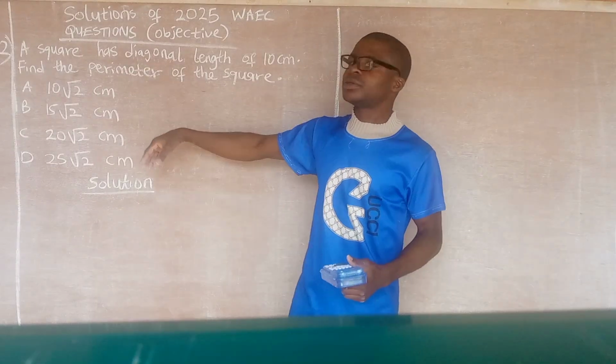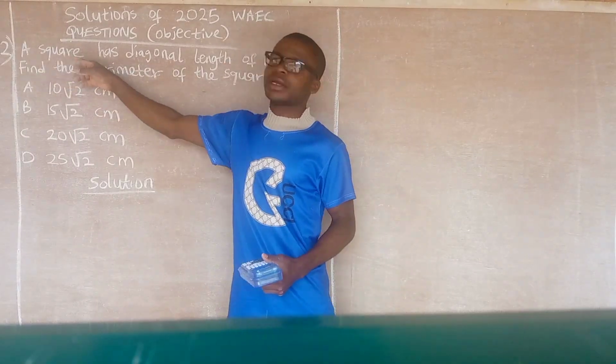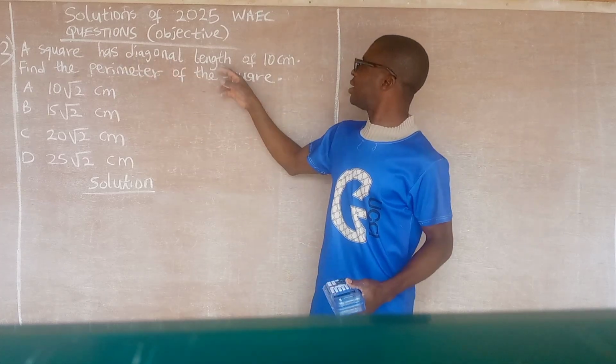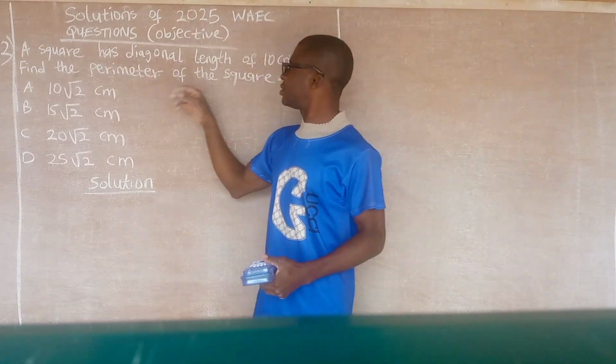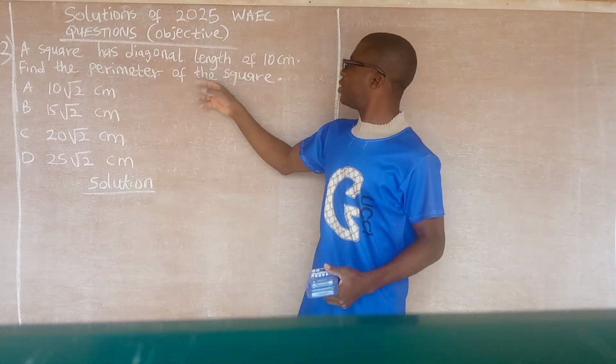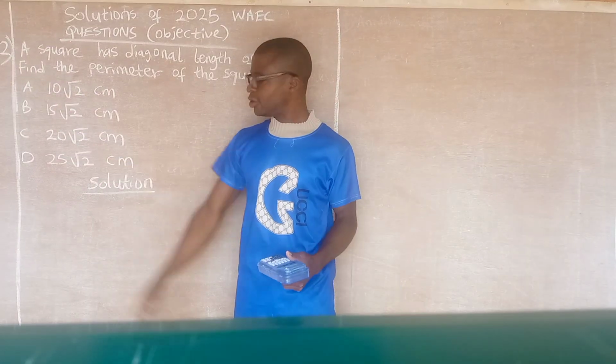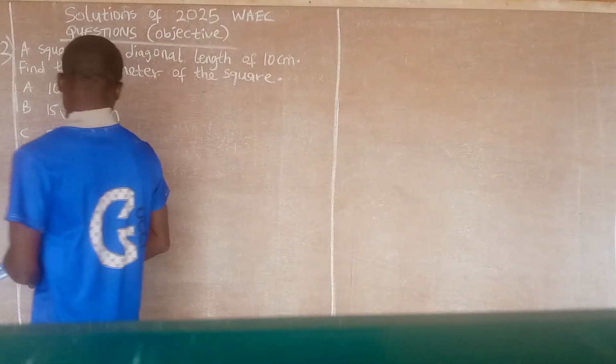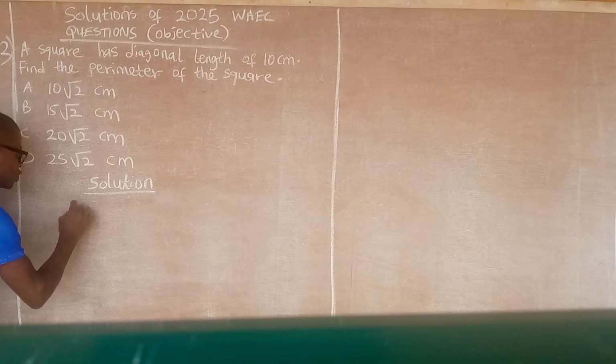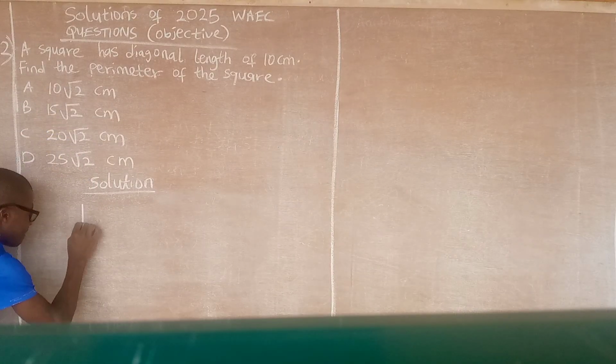The second question says that a square has diagonal length of 10 centimeters. Find the perimeter of the square. These are the options. Solution. So the first thing is to draw a square.